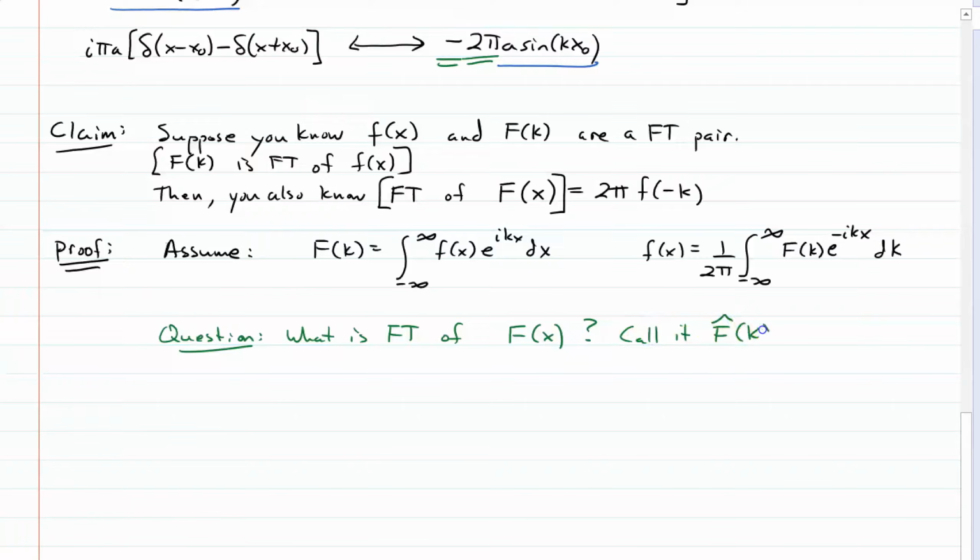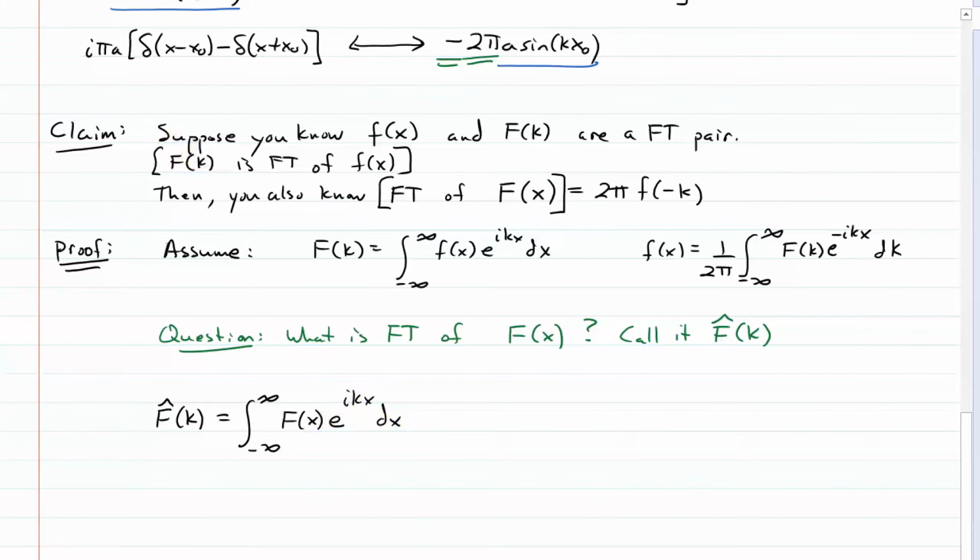That's the Fourier transform of capital F of x. What is that? Well, let's just write it out. F hat of k will be the integral of the capital F of x, e to the i k x dx.